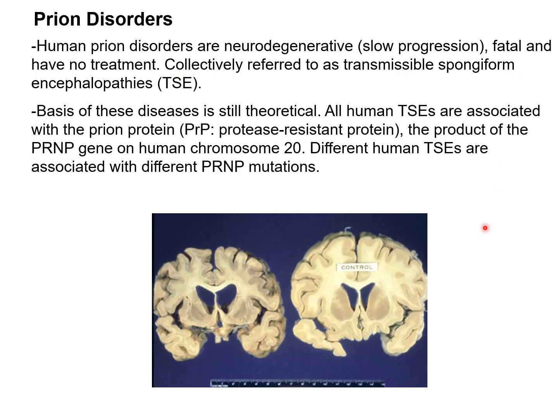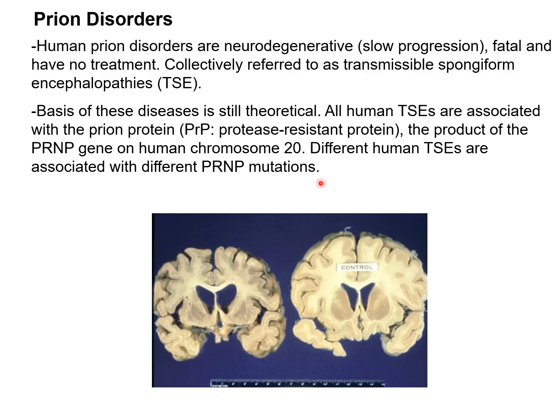So if you take a look at a brain from a normal human being versus somebody who had TSE, you'll see that the brain looks smaller, and that's because it is spongy. And we'll take a look at histological sections from brain tissues so you can see why they are spongy.